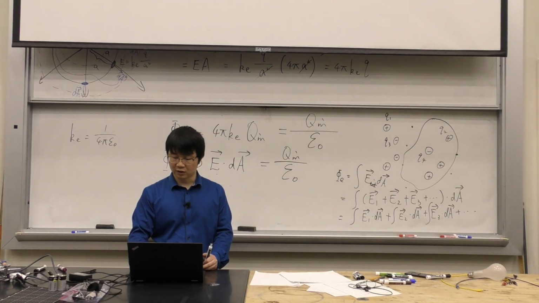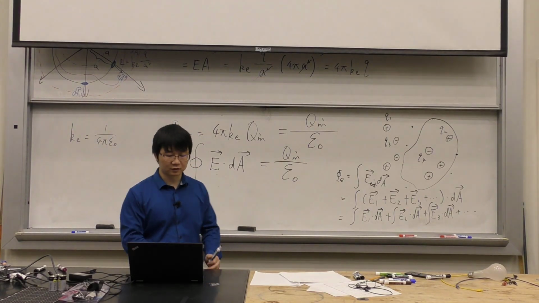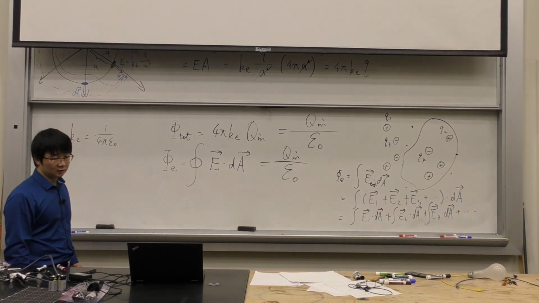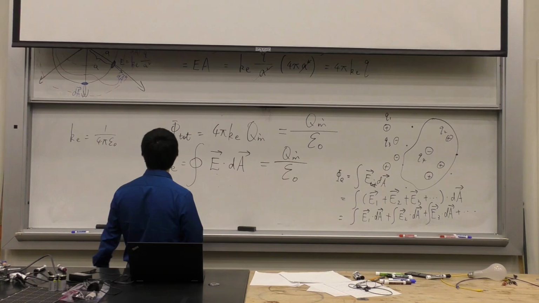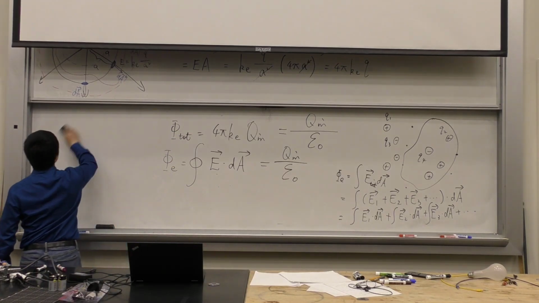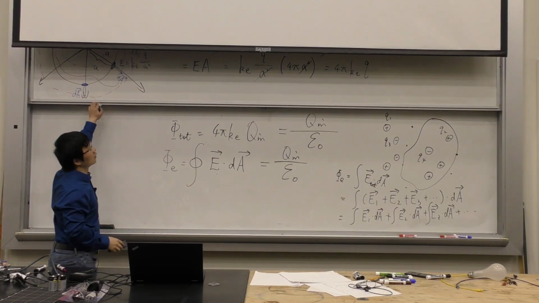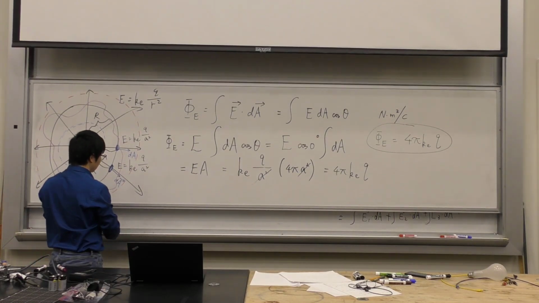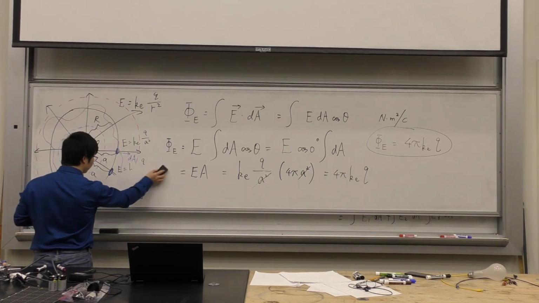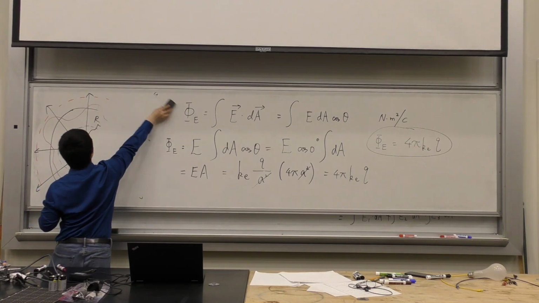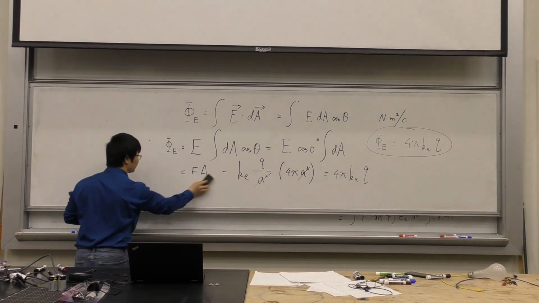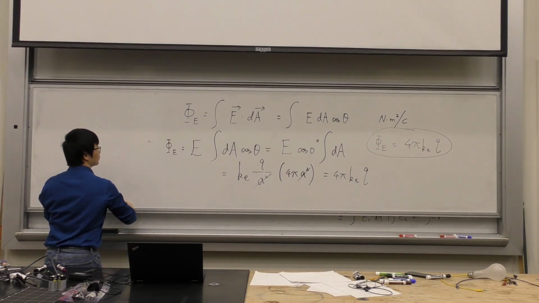Okay, so we know how to use this Gauss's law to help us find the electric field from some continuous charge distribution. So let's start with a solid sphere, uniformly charged. Okay. So we're going to find the electric field created by a solid sphere using Gauss's law.